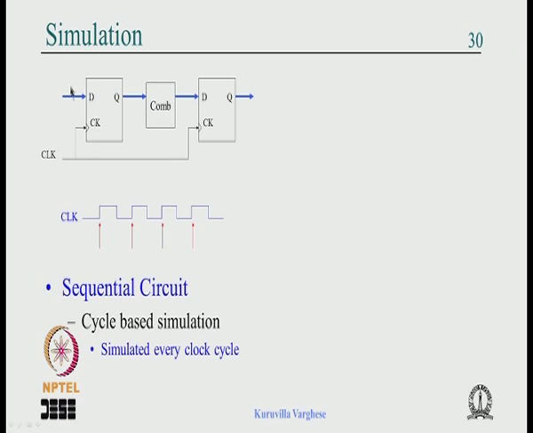You might not be able to estimate the power dissipation and things like that in the simulation, but it does not matter for a sequential circuit because updating happens only on the clock edge. So cycle based simulation can be used in sequential circuits.